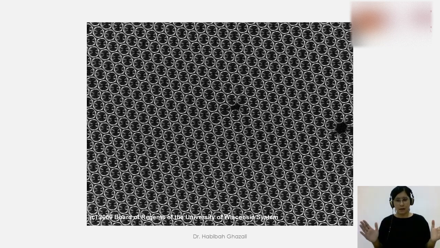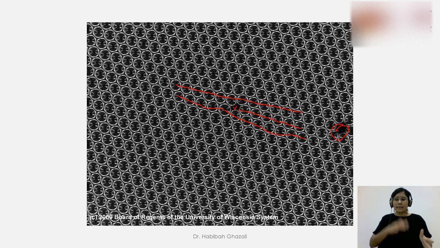So this is an HCP single crystal, and we can see there are a few defects here. We have a point defect, which is a vacancy, and we also have a dislocation defect here. So this is an edge dislocation, which is an extra half plane here.